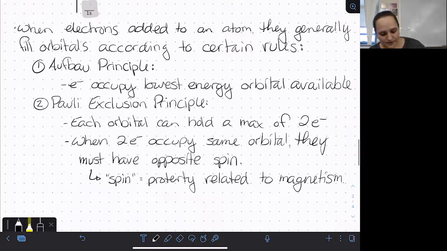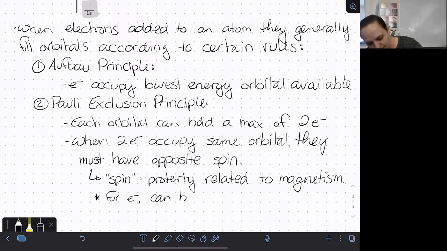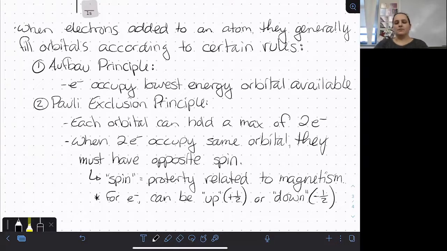So for electrons, we generally refer to the spin as either up or down. Sometimes you'll see this referred to as plus 1/2 or minus 1/2, but up or down is the more common. The plus 1/2, minus 1/2 is a little bit more specific because there are different kinds of spin that a particle can have.